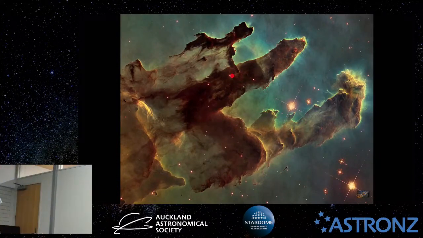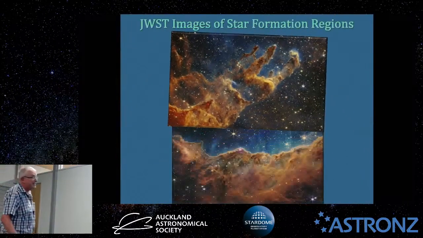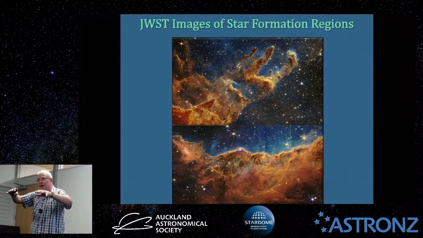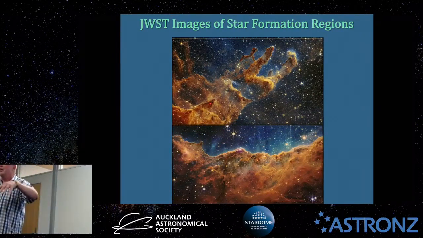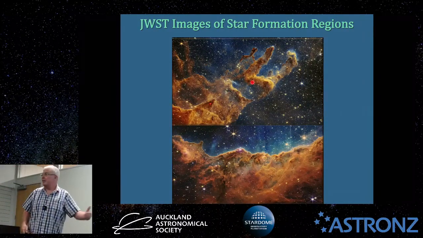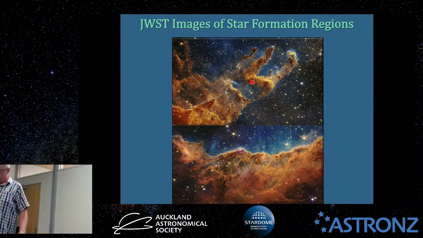But in recent years, in particular with the James Webb Space Telescope, you're able to start cutting through. Infrared light can cut through the dust, and suddenly you see all these multiple stars you couldn't see before, and can start to study infant stars.